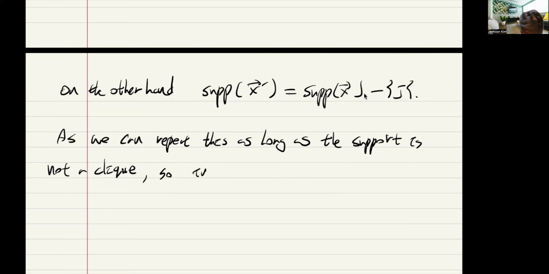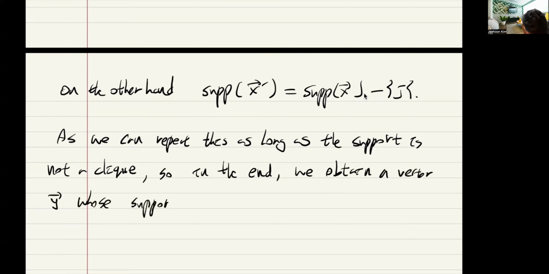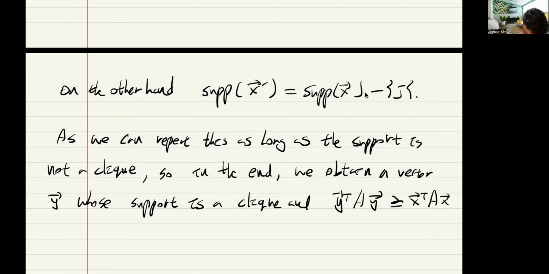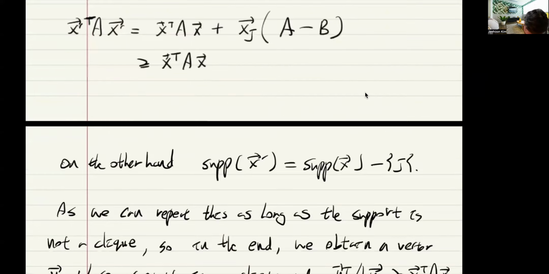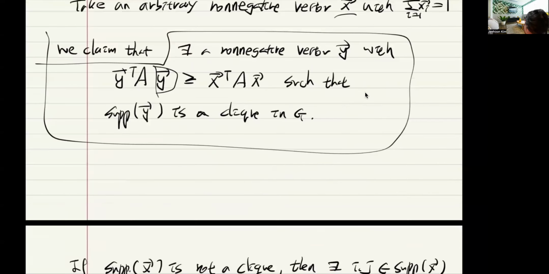So in the end, we obtain a vector y supported on a clique, and the value of this quadratic form is as large as the one for x. Okay, so now we have proved this claim.